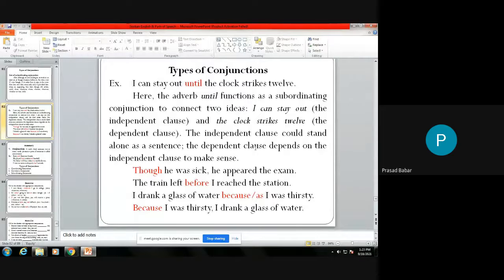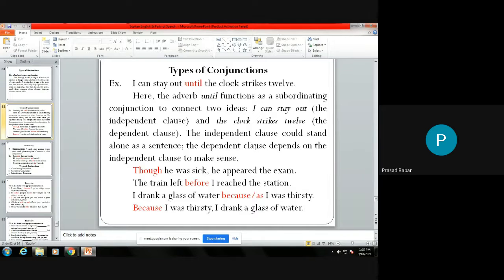So here he was sick, तो आजारी होता. याला काहीतरी सेन्स आहे. He appeared for the exam. याला काही सेन्स आहे का? तर त्याला सेन्स येण्यासाठी, for the second clause, that is, he appeared for the exam, if we want to make sense from it, we have to connect it with the first clause, that is, though he was sick.